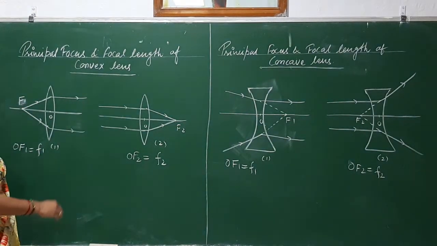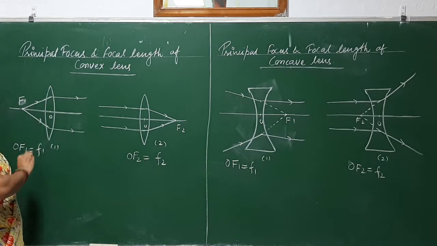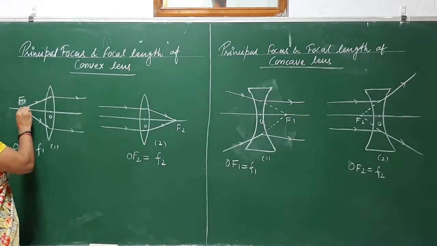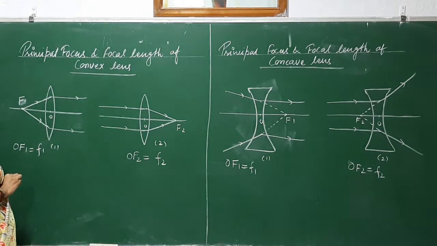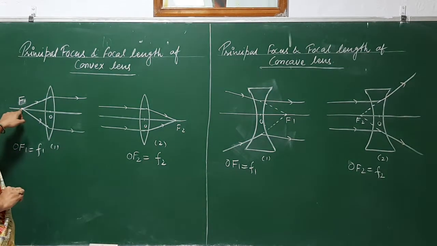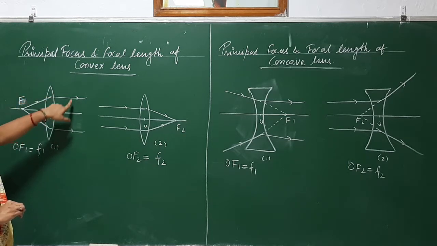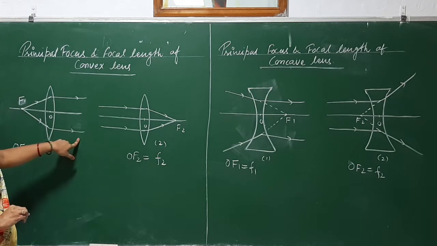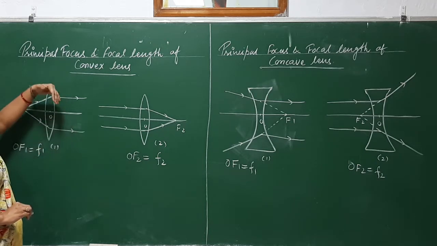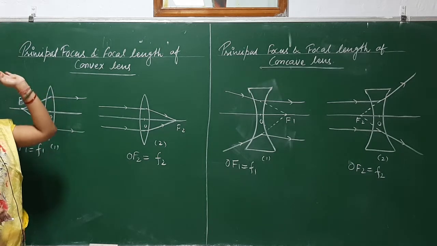So children, f1, according to the definition: suppose a point object is there, at this point, and the rays coming from the point object, as you can see here, are parallel to the principal axis. And they will meet at infinity, okay.